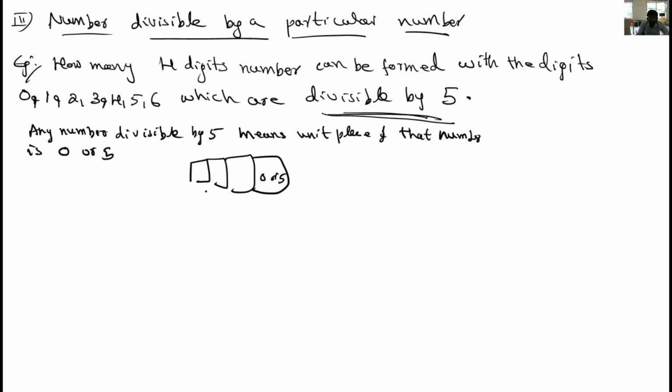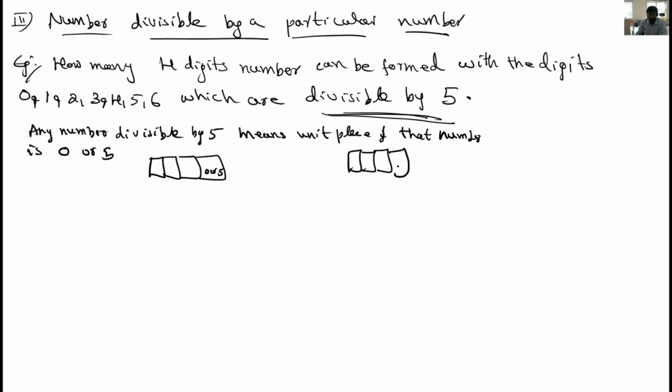Okay, then you need to fill the remaining places. Suppose see 1 2 3 4, a 4 digit number. If you fix 0 here, then how many numbers are possible? You can fill the remaining places by any number. Okay, but say your unit place is equal to 5.